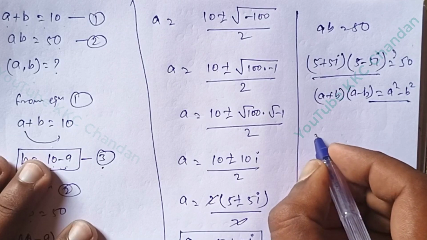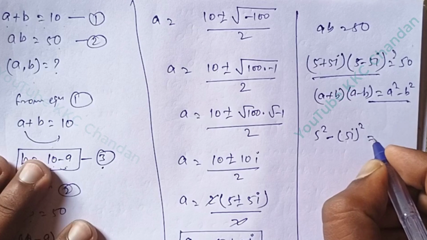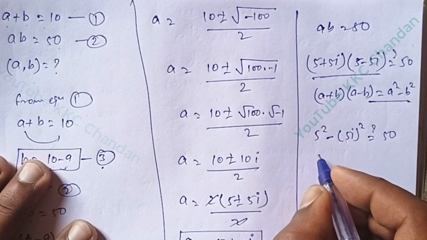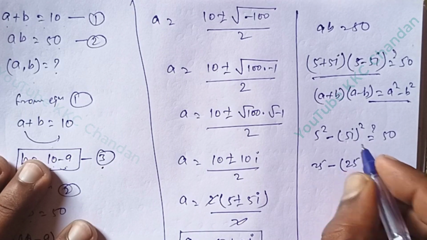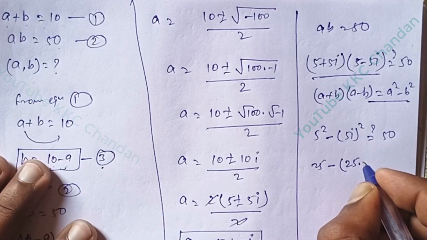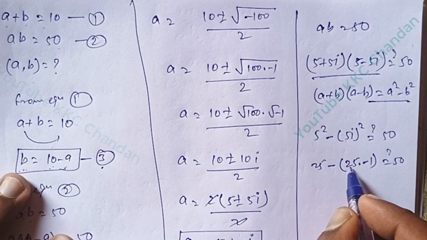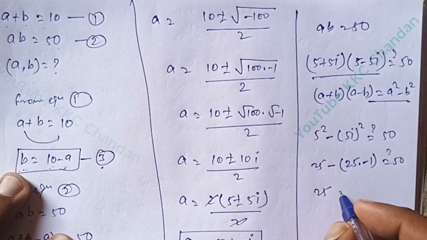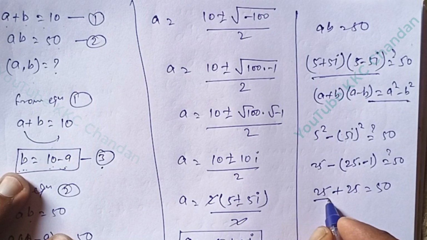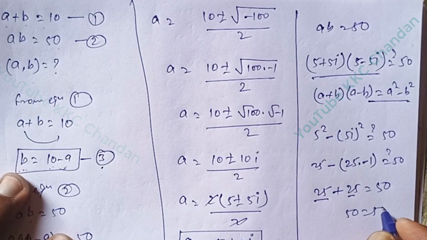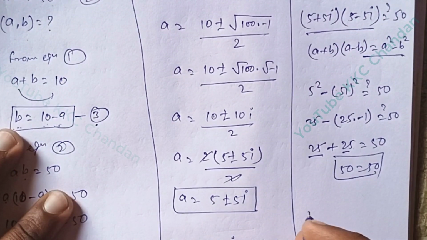Therefore 5 square minus 5i whole square is equal to 50? 5 square is 25 minus 25 i square, with i square value minus 1, is equal to 50? So 25 plus 25 is 50, which is equal to 50. LHS and RHS are both equal. So the values of a and b are correct for this solution.